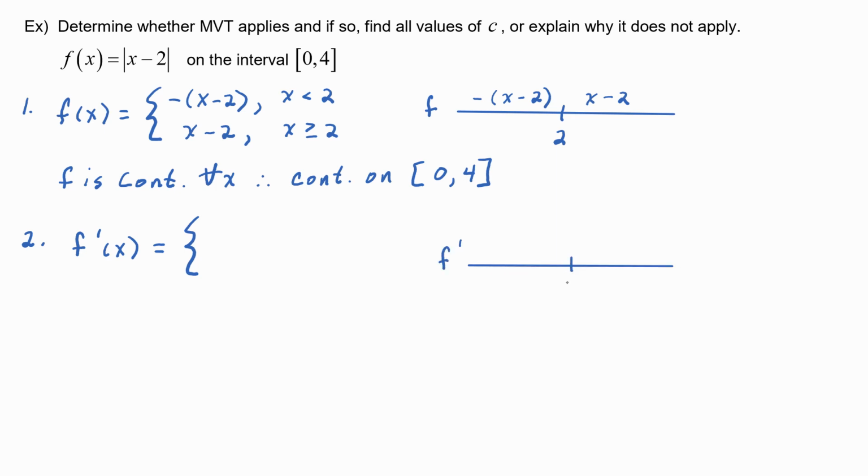We know that to the left of 2, the derivative would be negative 1. So we can write that in here. If we look at 2 coming in from the right, we know that the derivative would be 1. So that handles all the values that are bigger than 2.